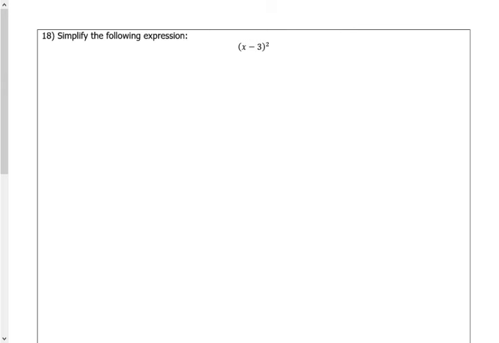Okay, right back to quadratics. Now this time, you have to remember that this binomial squared, you have to write twice.